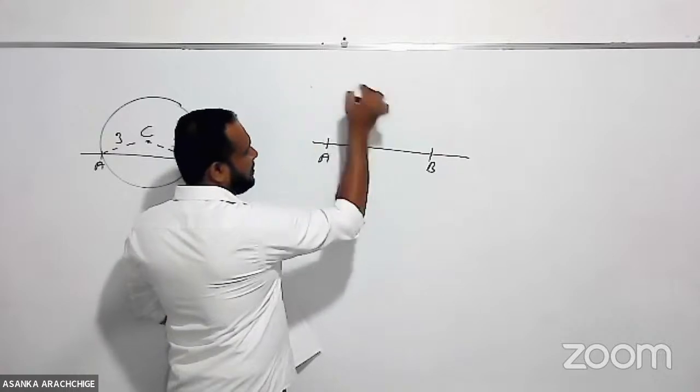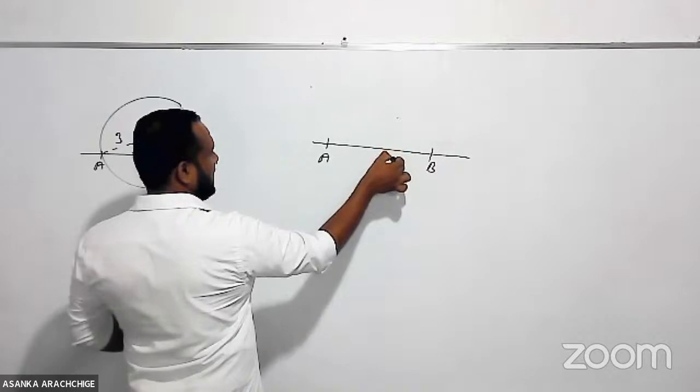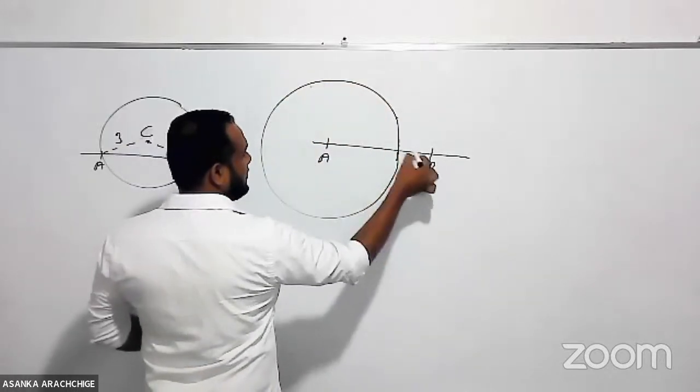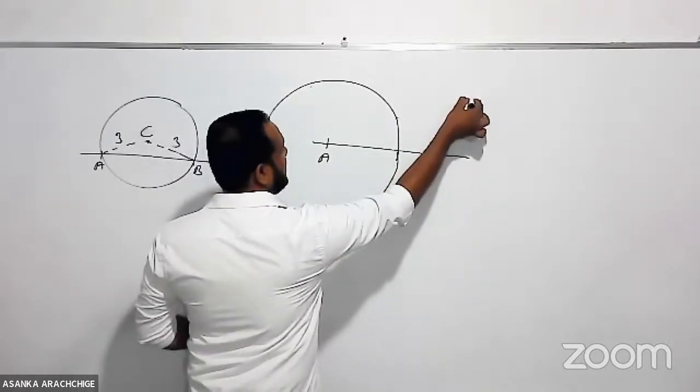Or you can draw a circle like this, taking 3 centimeter radius.